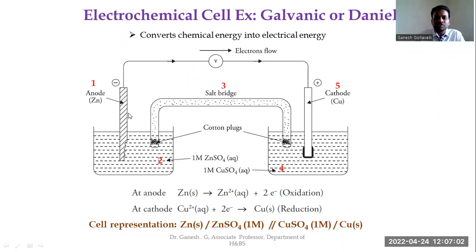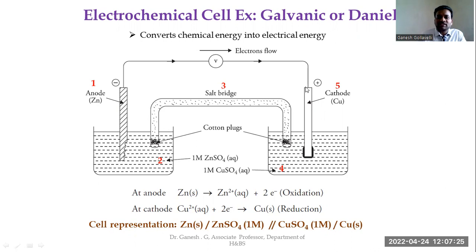Simply, at the anode, oxidation takes place and zinc possesses negative charge. Whereas at the cathode, the copper acts as a cathode and gains positive charge with respect to the copper sulfate solution. When you connect these two electrodes through the external circuit, what happens?